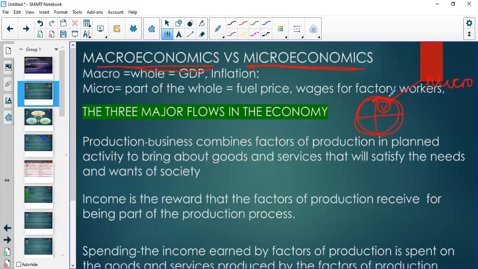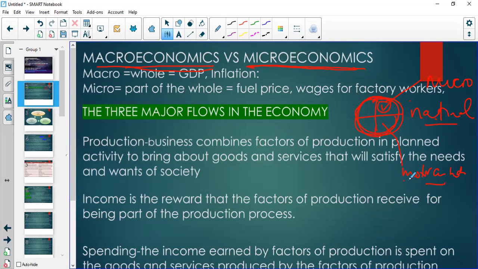So if the entire unit we're looking at is the national economy, then this is the macroeconomy. Then a portion of the entire economy could be the motor car industry. So when we look at the motor car industry, this now becomes a portion of the bigger thing.